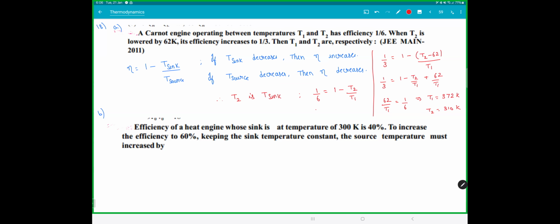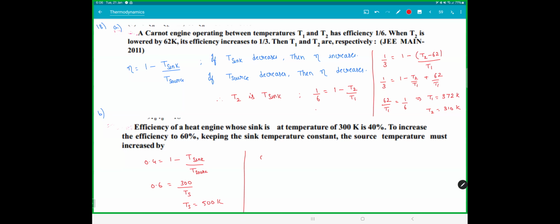Let's see. He's saying efficiency of a heat engine whose sink is at 300 Kelvin is 40%. So 0.4 is 1 minus T sink by T source. This is 0.6 and T sink is 300 Kelvin. So the T source will be 300 by 0.6, 500 Kelvin.